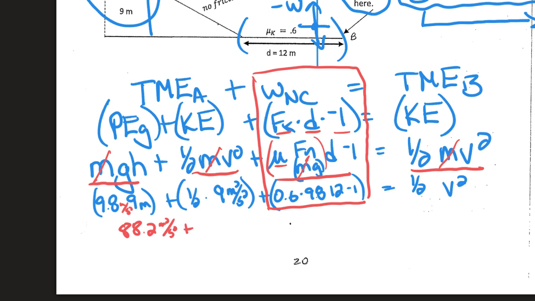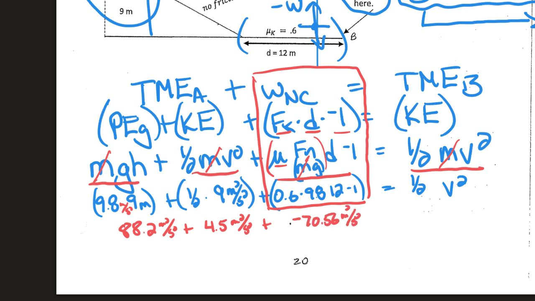Plus 1/2 of 9, that's 4.5 meters squared per second squared, plus 0.6, which has no units, times 9.8, which is meters per second squared, times 12 meters, times -1. I get -70.56.